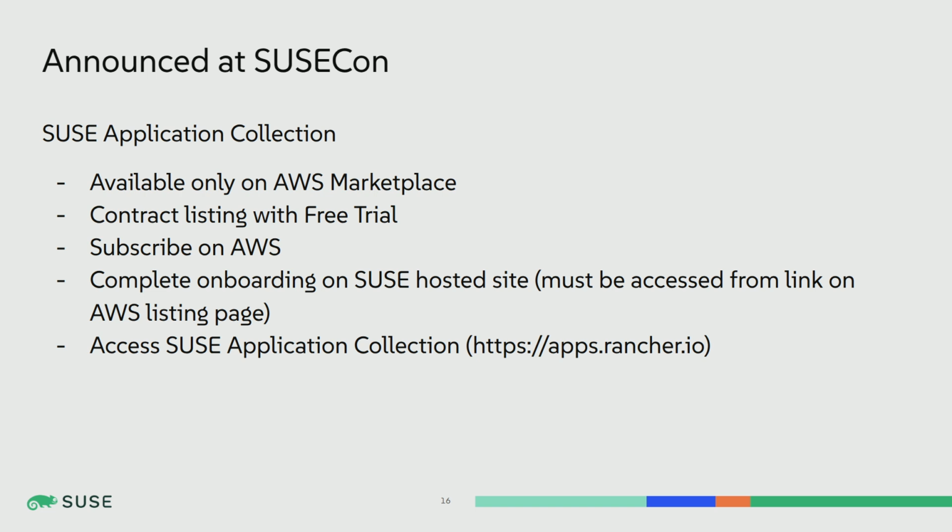Some applications in there, for example, the AWS CLI, which was just recently added, it's just a container that you run with Podman, and that's it, right? So you will find things like that in the application collection that are just simple containers, and you will find more complicated applications that you get with a Helm chart that then set up multiple containers. You can also get that from the application collection.